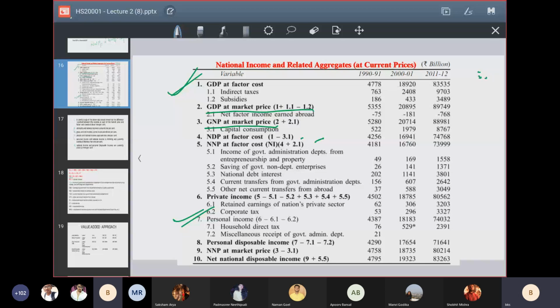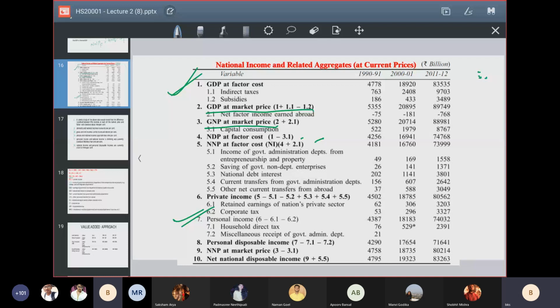Similarly, if you look at the gross and net income differences, that comes around 11%. So in that sense, you can see that around 11% is our capital consumption or the depreciation.